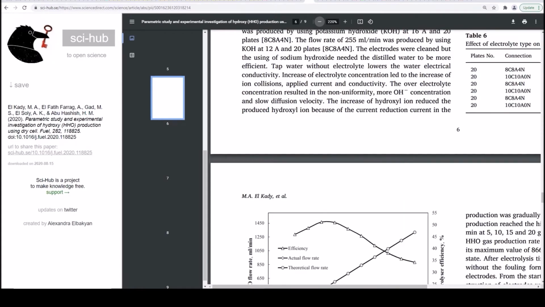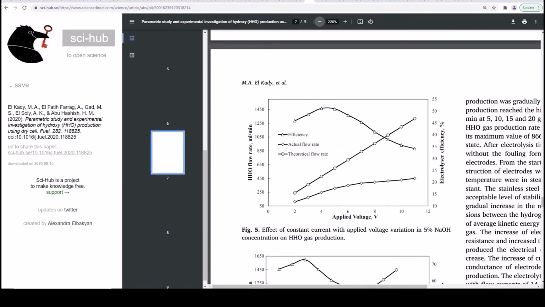So let's take the gas production here at the peak voltage is 10, and we said that was 7 amps, so that's 70 watts. We said that's about 11 times 7, 77 watts.